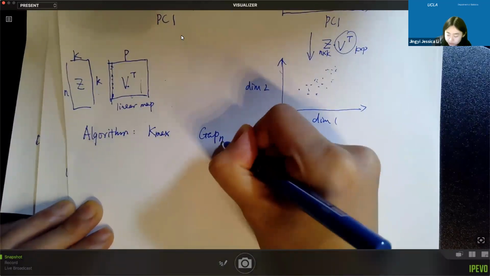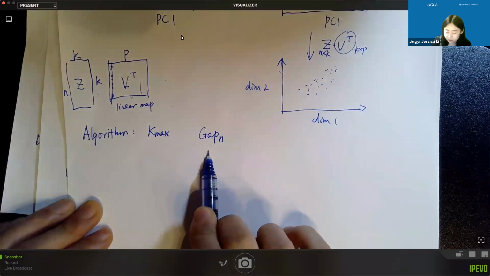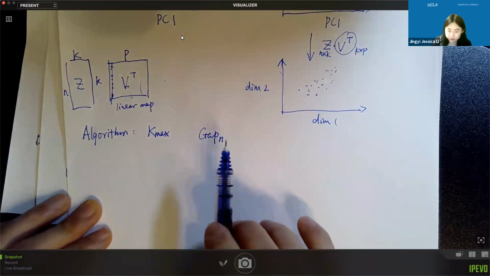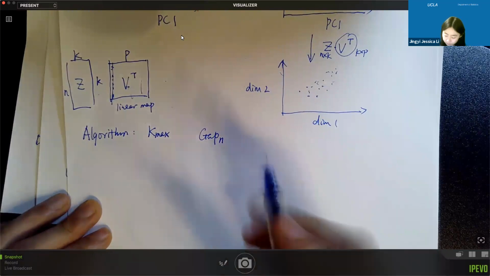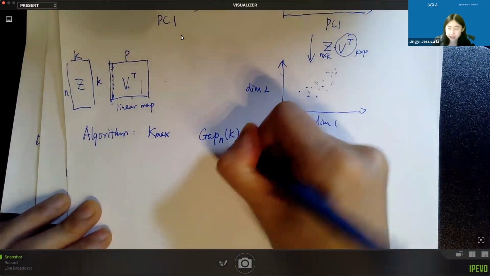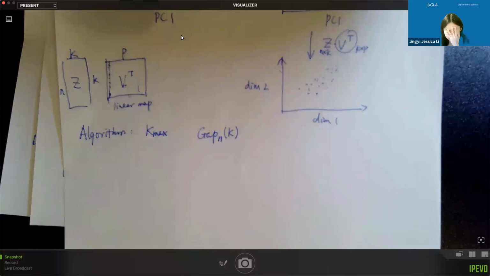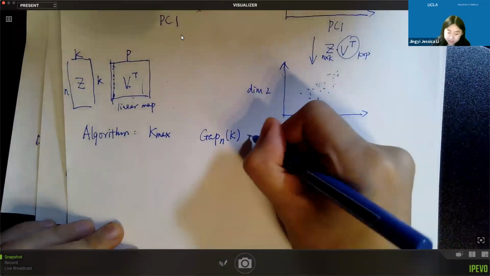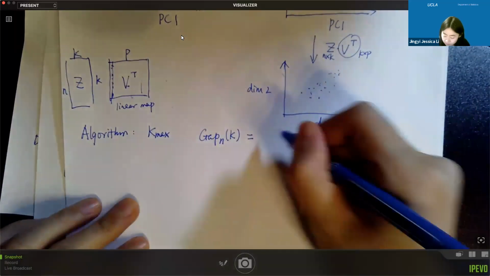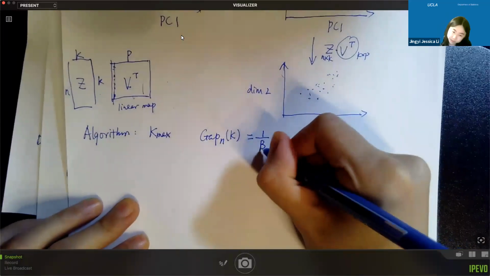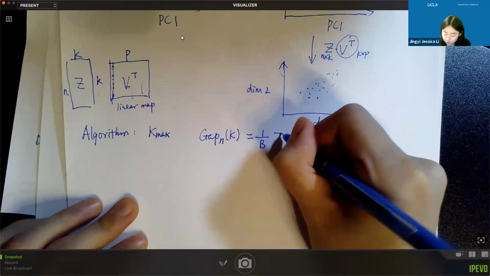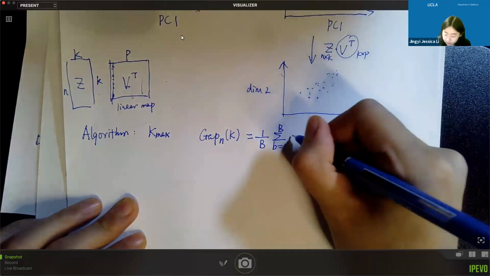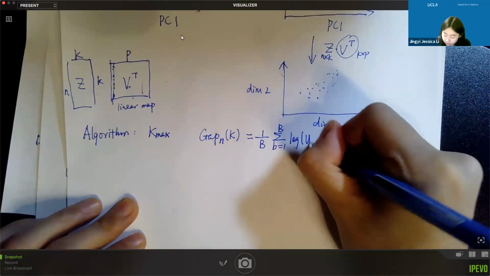We always carry the sample size, the number of data points, here with us, because this sample size will also be used for reference data generation. So we will evaluate this gap statistic at a particular value K. And it's defined as 1 over B, summed over the generation of reference data b from 1 to capital B, of log W_kb.